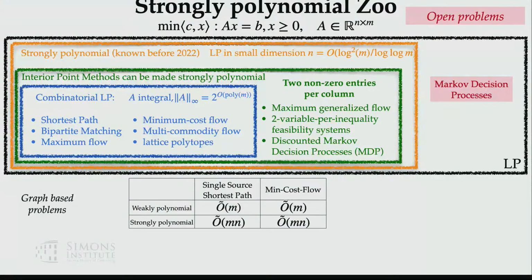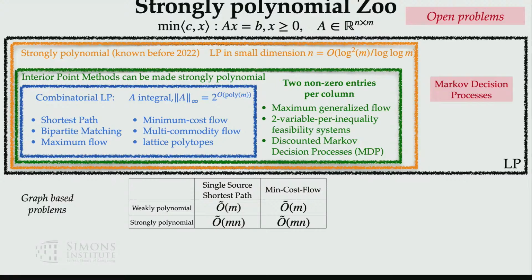There is this gap now since last year between strongly polynomial solvers and weakly polynomial solvers that is linear. So even for single source shortest path, when you have negative edge weights, then Bellman-Ford is the best thing you can do to solve in strongly polynomial time, which is order mn. In weakly polynomial time, we've seen the result in order m. There's even another paper that is more combinatorial that also achieves order m.